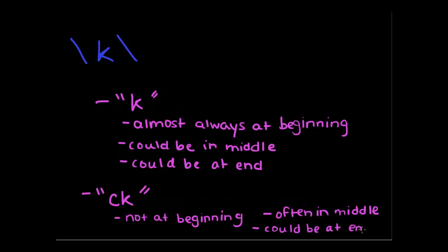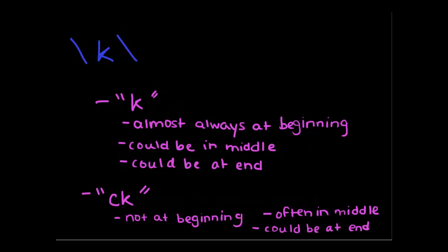Let's take a look at some examples. Again, these two are the primary ways to spell the K sound in German. There are two other options which I'll cover in a bit, but these two are the main ones. Again, K is going to be almost always at the beginning.